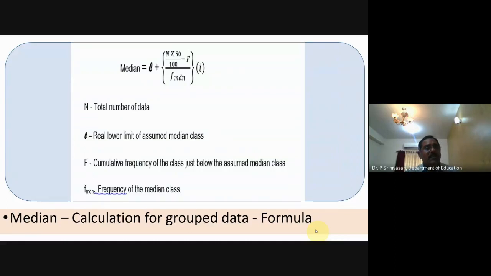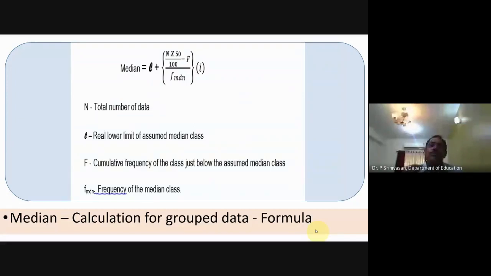As in the mean calculation, we have to assume a median here also. In the mean, we first got an assumed mean, then went on to calculate the real mean. Likewise, here we assume a median, and the class where the assumed median lies is called the assumed median class.